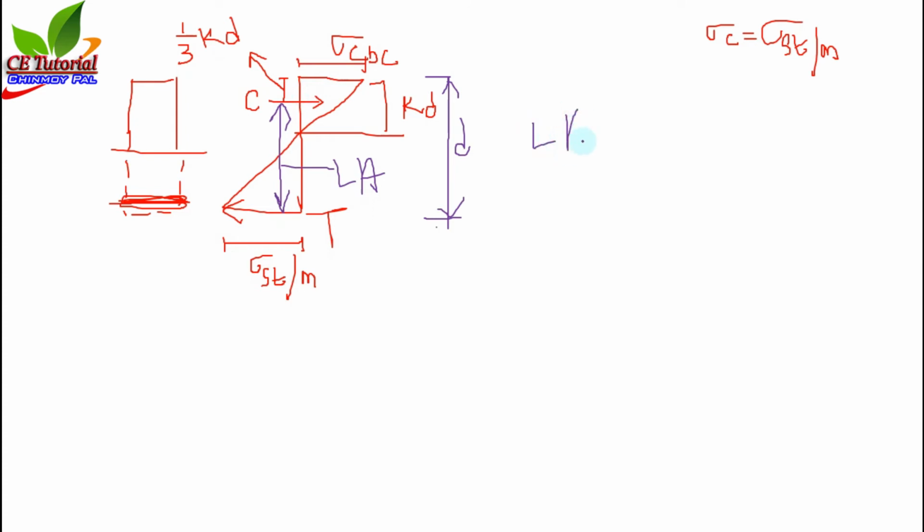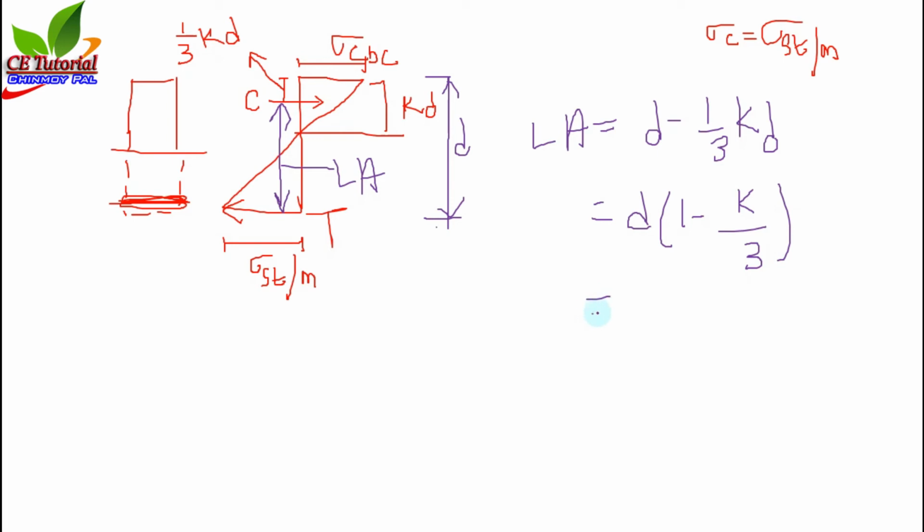So we can say lever arm is equal to total distance D minus 1/3 of KD, and that is D multiplied by 1 minus K by 3.